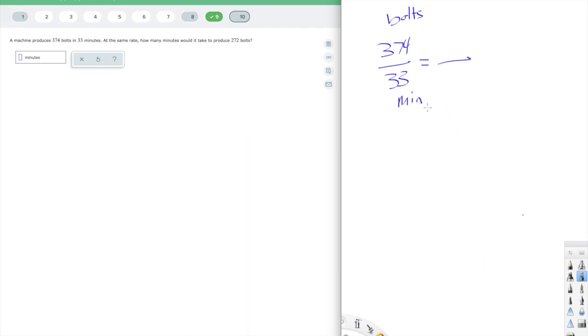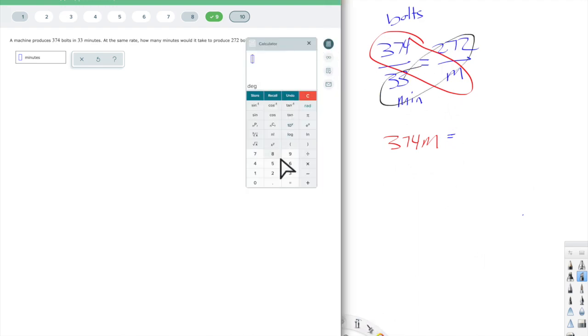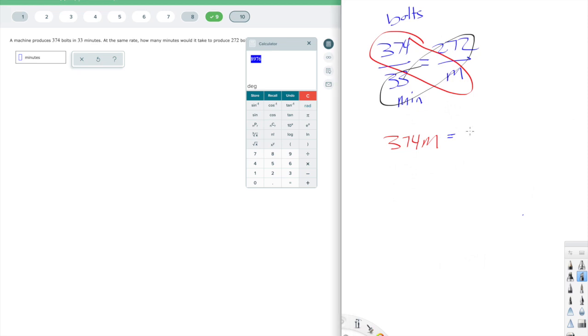I want to do the same thing on this ratio when I set the proportion. So I have bolts and I'm going to go M for minutes. So I've already set up a proportion. All I have to do is solve this by using cross multiplication. So I have 374m equals, I guess I'm doing this a little backwards, and they gave me a calculator here, so I'm going to go ahead and use it. 272 times 33, so that's 8,976.